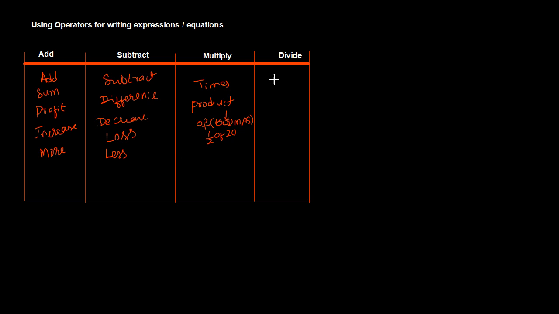So let's go to divide. What do you use? Either you can use the word divide itself, or otherwise some number divided by some number, or "by", or in the sentence they might use the word quotient.